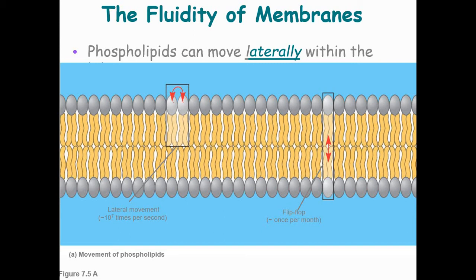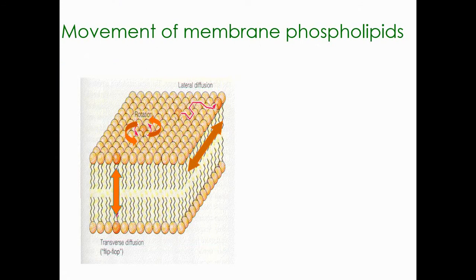It happens very frequently. And then a flip-flop could also happen. Flip-flop means this phospholipid could exchange with this phospholipid. But this happens rarely, approximately once every month. So imagine how fluid the cell membrane is.